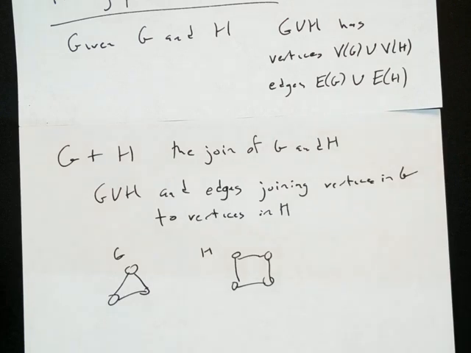How many more edges have to be put in there to make a join? Pick a vertex in G. Top, bottom left, bottom right.